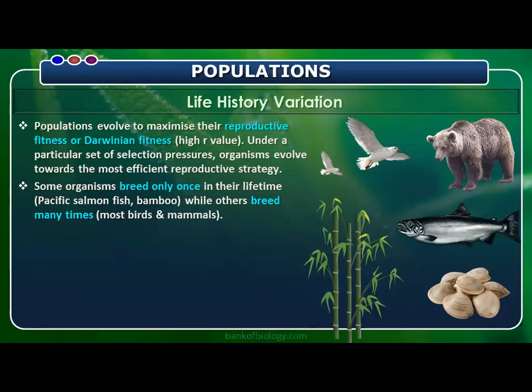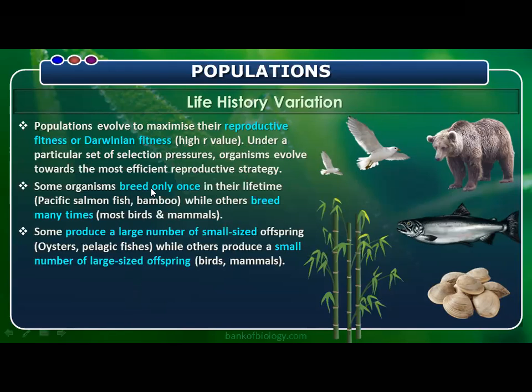The populations evolved to maximize their reproductive fitness or Darwinian fitness. We call it high r value. Under a particular set of selection pressures, organisms evolved towards the most efficient reproductive strategy. Here, these two sentences are very important. Some breed only once in their lifetime, like Pacific salmon fish and bamboo, while others breed many times, most birds and mammals.